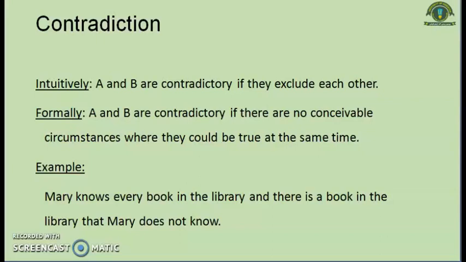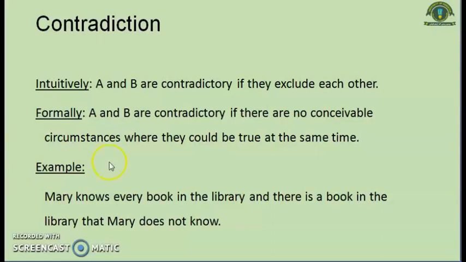Example is here, Mary knows every book in the library, and in the second part of the sentence, there is a book in the library that Mary does not know. So this is a good example of contradictory. If Mary knows every book in the library, then how could it be possible that Mary does not know any one of the books in the library?